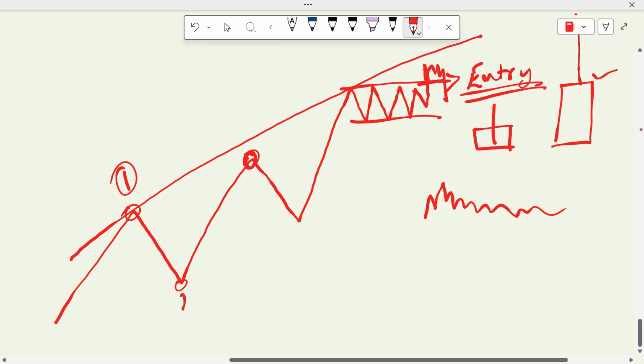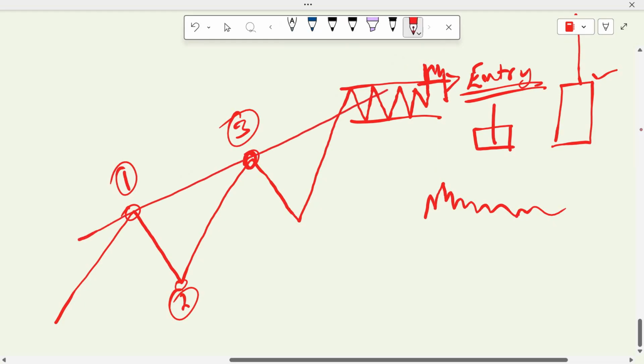So this is first, second and the third one. All right, and if we connect it, then you can see this base is not actually an accumulation base. This is a distribution base. Because of this channel, the price has already shot up this much and then it is forming a base.